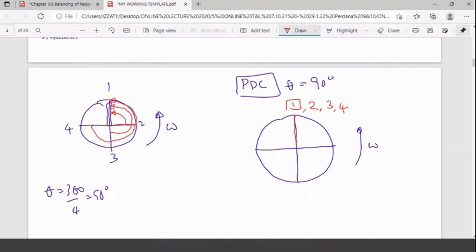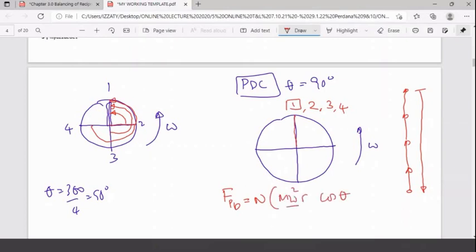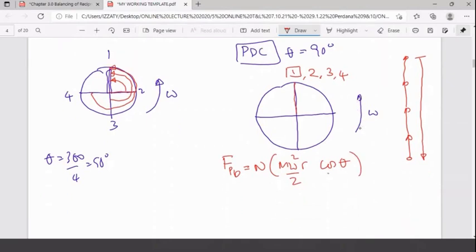It can also be presented if you construct a polygon, perhaps. Every line will be pointing upwards. Then you have to bring back the line, so that will be the unbalanced parameter. So in other words, if you put it in the equation, you have F primary direct is equal to N, just now, then M omega square R cos theta, not to forget divided by 2 because you have 2 cranks now. You have cos theta here, isn't it?